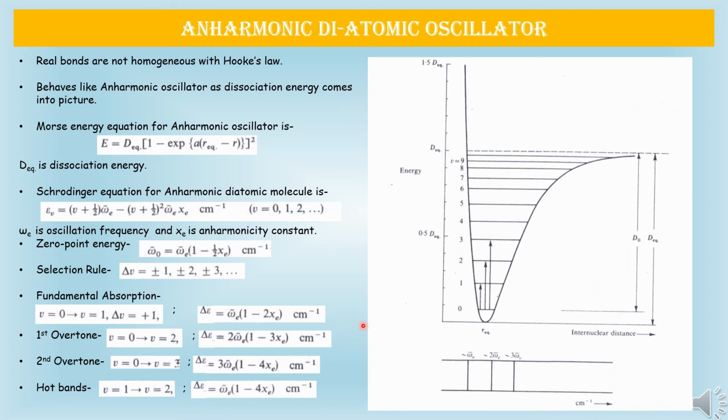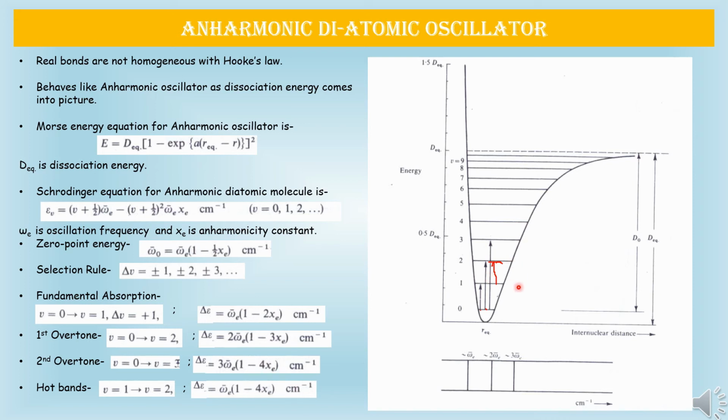The case of a hot band is when the transition takes place from the V equals 1 state to the V equals 2 state. The lines produced by this kind of transition are known as hot bands, but are a bit weaker than the fundamental absorptions. For this kind of transition, we need to populate the V equals 1 level.